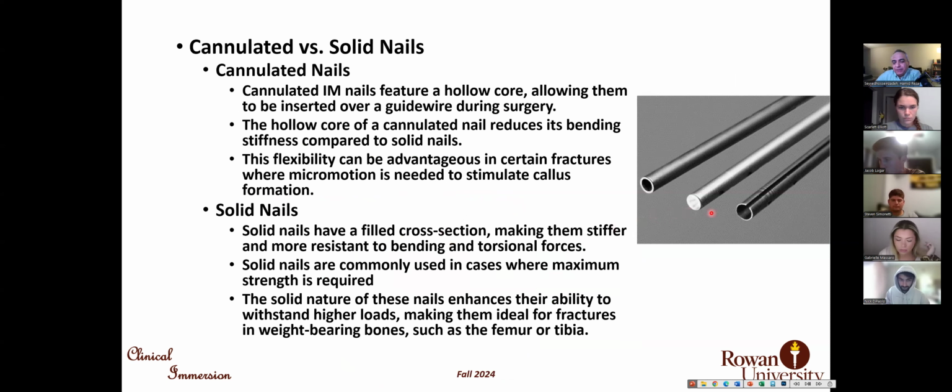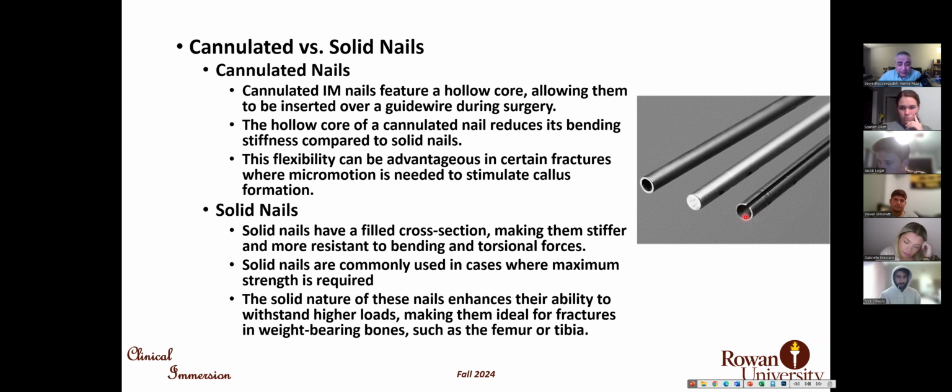Previous and early designs of the nails were solid, but currently they are cannulated, and it has many benefits. It gives you a lighter nail, so a rigid nail will be heavy, but this is lighter, and also it is more flexible.